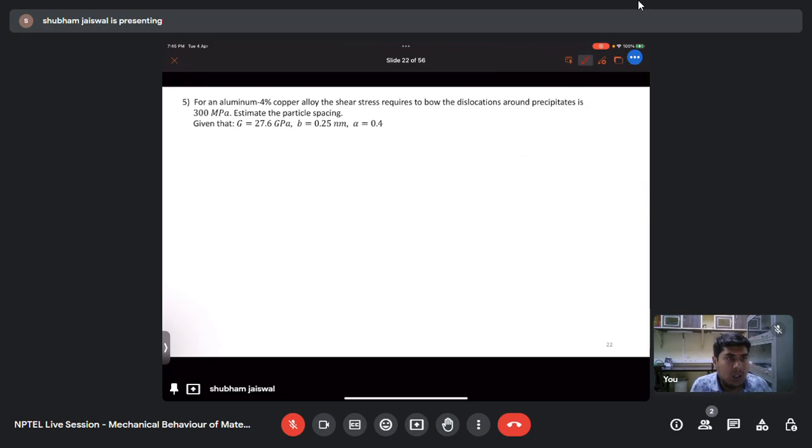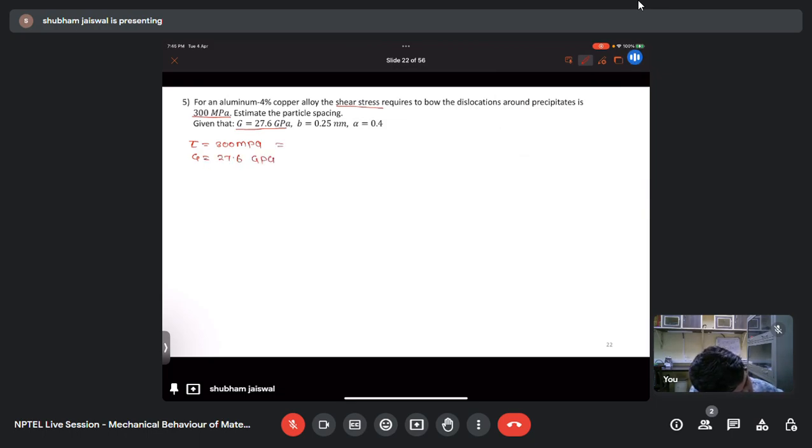So we'll try to solve it. Okay. So they have given the shear stress as 300 MPa. So tau is 300 MPa. Then they have given us G as 27.6 GPa.